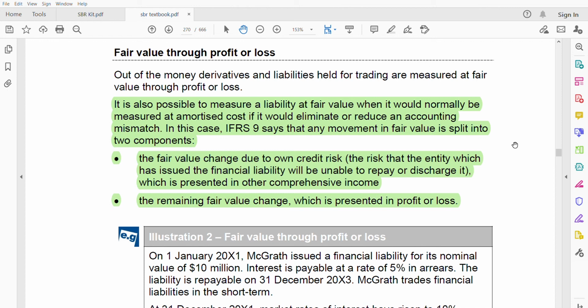Let's say you are normally measuring at amortized cost, but you can later change it to fair value. You can start measuring it at fair value only when it would eliminate or reduce an accounting mismatch.